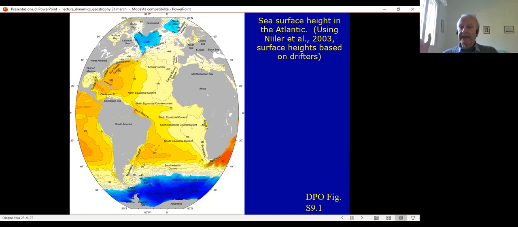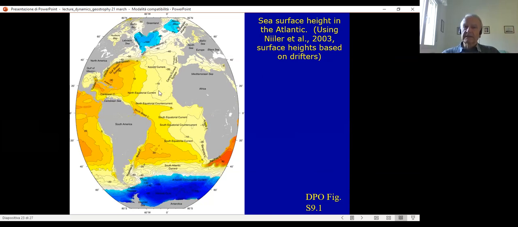So your unknown in that case is the horizontal pressure gradient due to the sea level slope, and on your left-hand side is a known velocity field. From the known velocity field, you calculate the sea surface pressure, the sea surface height gradient, and then you obtain the sea surface height as it is here.